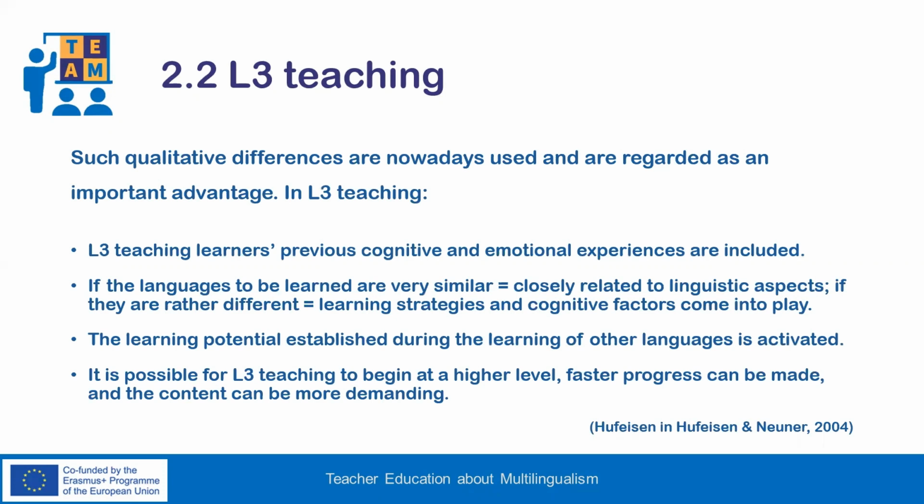If they are rather different, learning strategies and cognitive factors come into play. The learning potential established during the learning of other languages is activated, and it is possible for L3 teaching to begin at a higher level, to progress faster, and to have content which is more demanding.